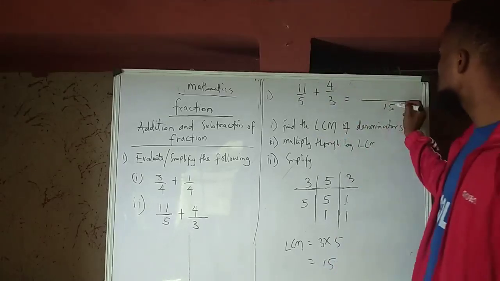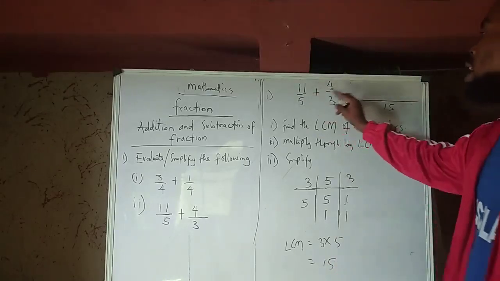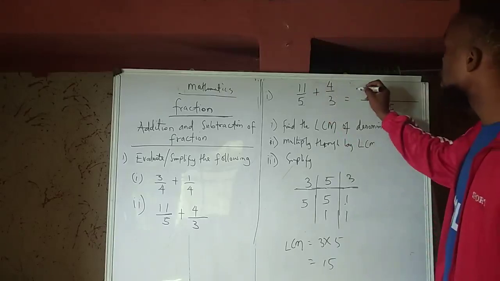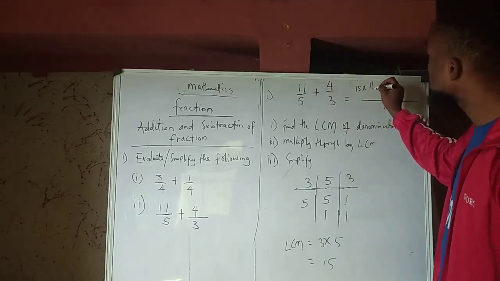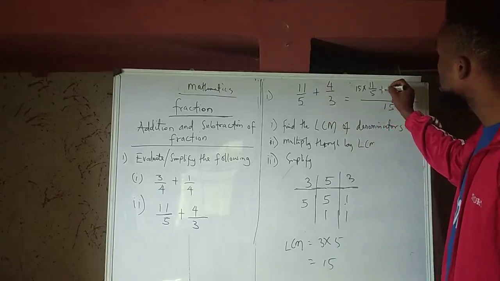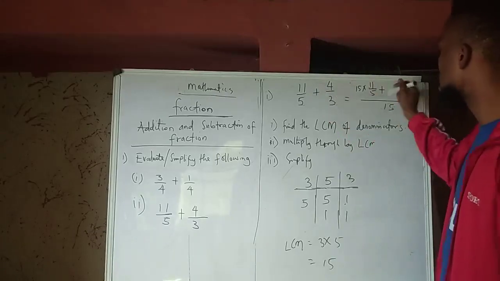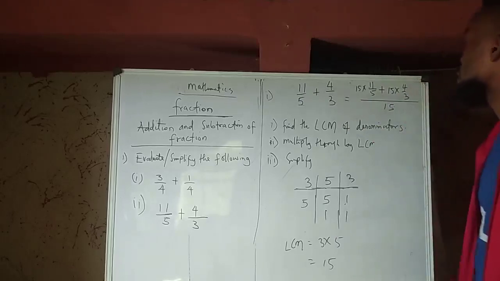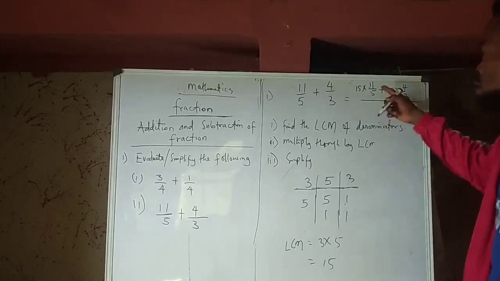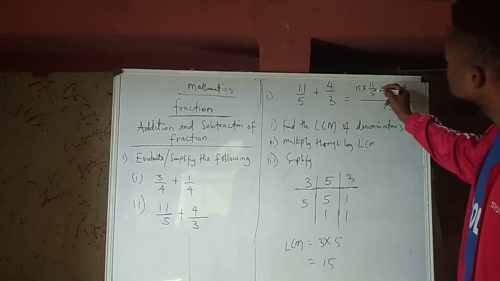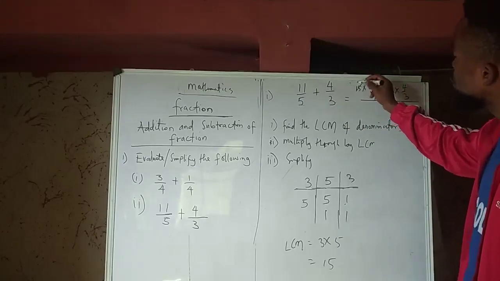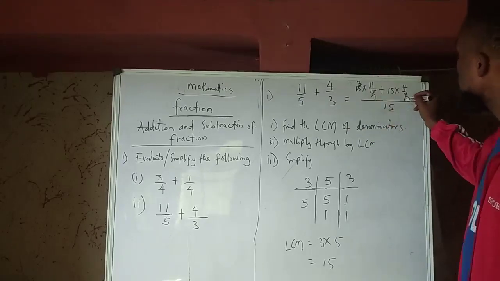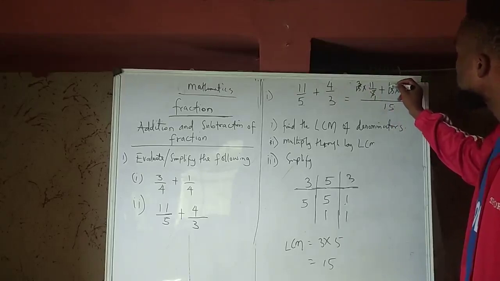Alright, so we now use 15 to multiply this one and this one. So when we do that, we are going to have 15 times 11 over 5 plus 15 times 4 over 3. So you can see what's up here, right? 5 into 5 is 1, 5 into 15 is 3. 3 into 3 is 1, 3 into 15 is 5.